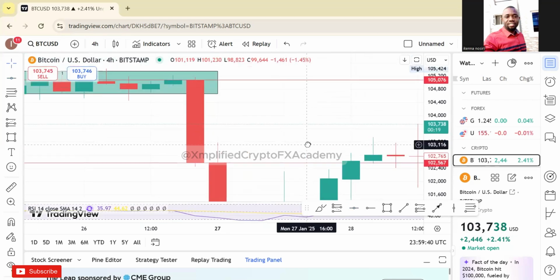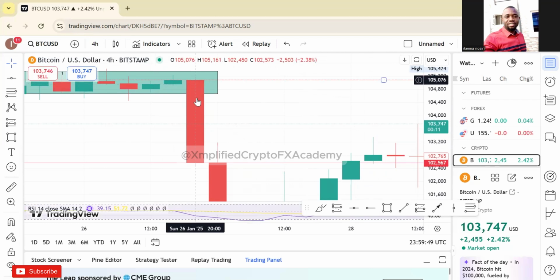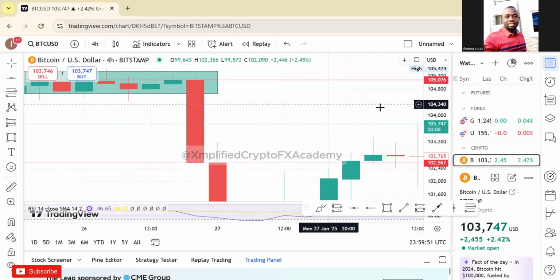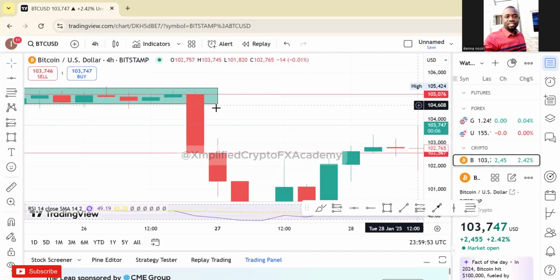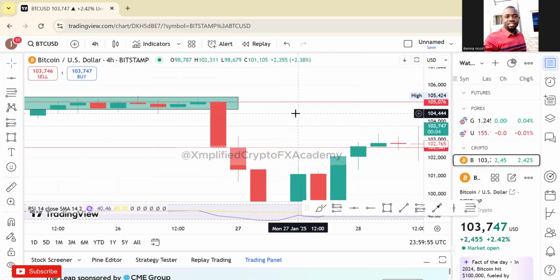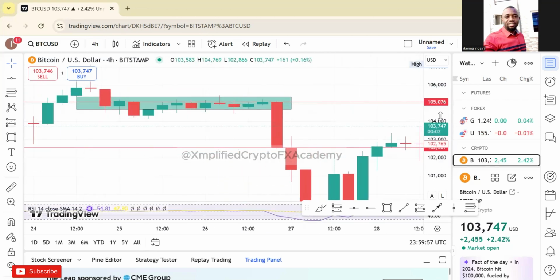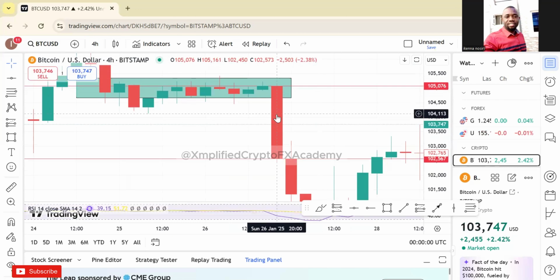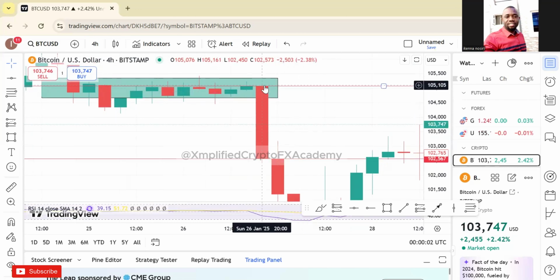Something that opened around 105 later closed around 102. So in the past 4 hours, people were panic selling their assets, and that was what made this body huge, because they overpowered those that were buying.